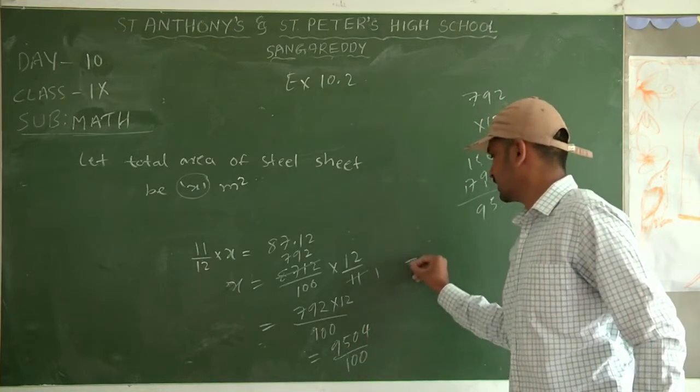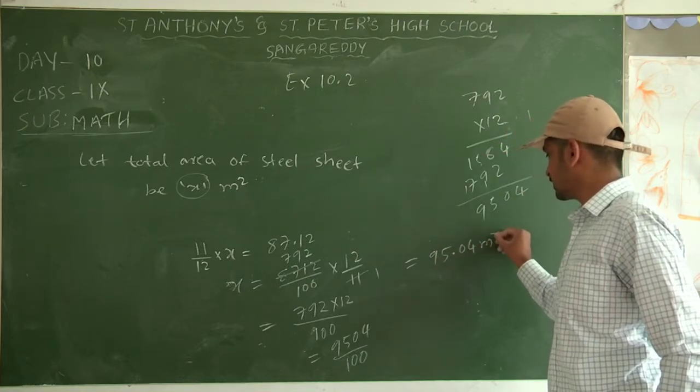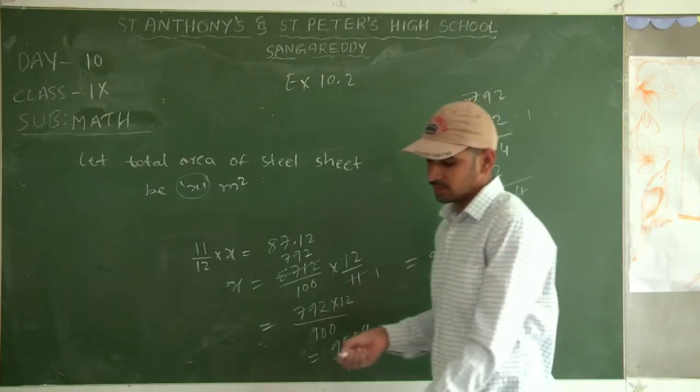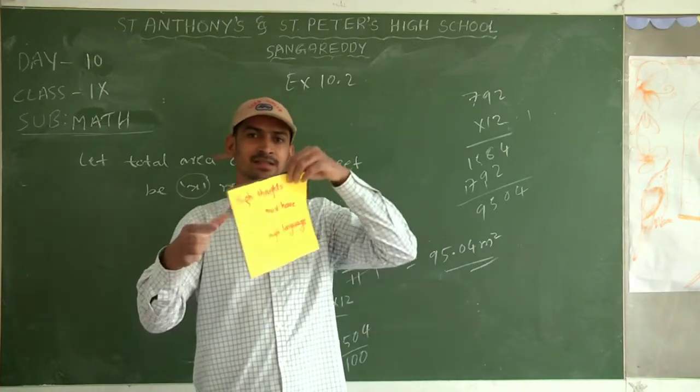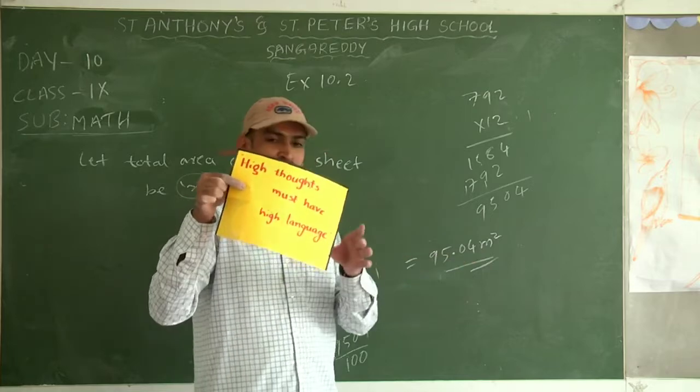It becomes 95.04 meters square. So the area of this complete sheet is 95.04 meters square.